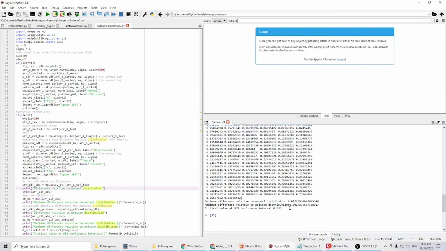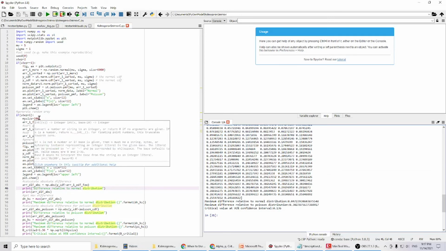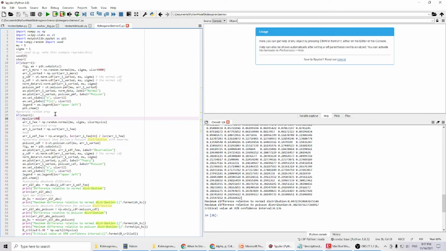It's much larger than our critical value. So we can say our sample data is not following the Poisson distribution. We have our number of data points as 200 for this test. What happens if we change the data points to 20?